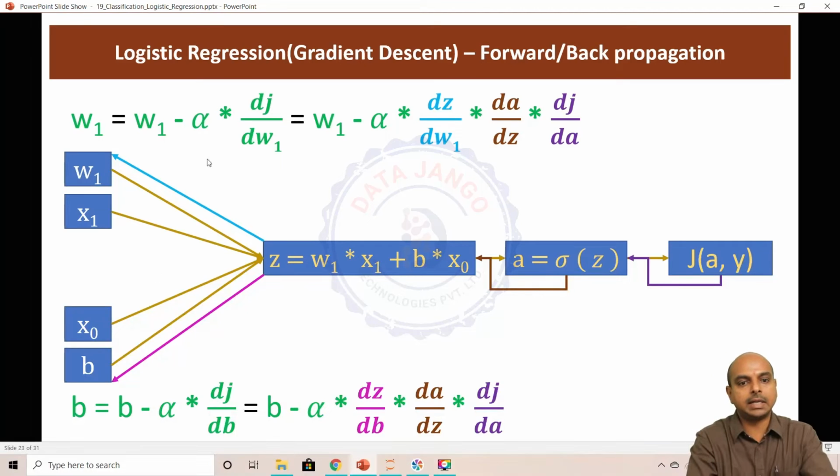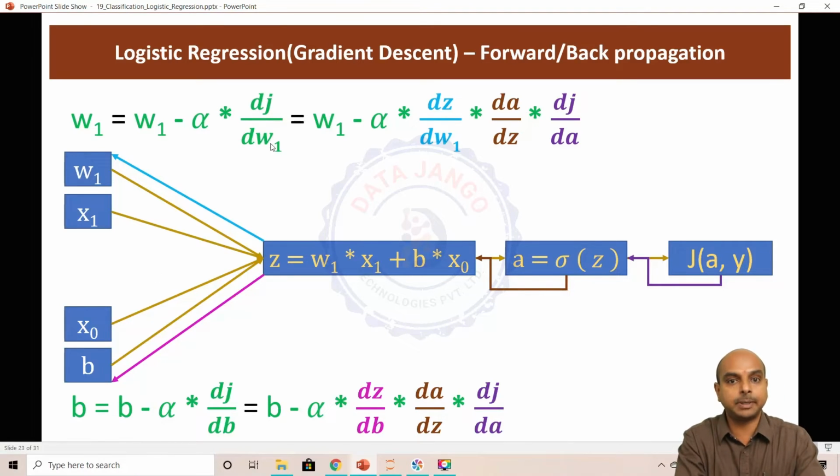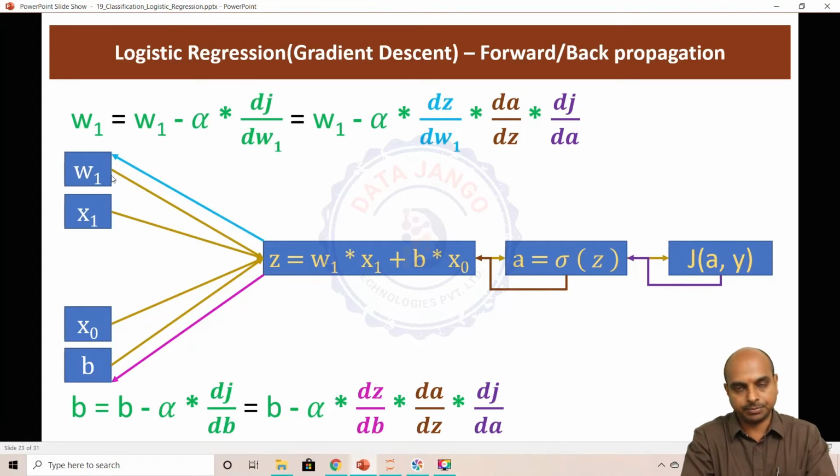So to calculate the derivative of the cost function with respect to W or W1, we need to apply the chain rule, because between W and the cost function there are two more functions. We are trying to identify the rate at which the cost is changing when you change 1 unit in W. That is the derivative of the cost function with respect to W1.